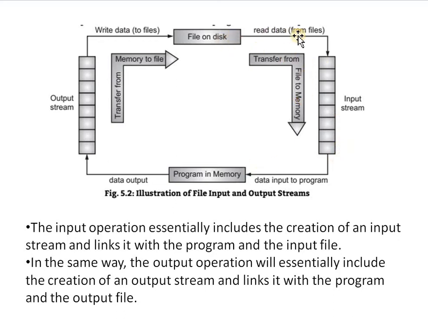Here the file contents are converted into a stream. This is an input stream. For example, here is one file. In that file, the data ABCD, these four characters, are written. Then when that file is required for a program, that file is transferred from the disk to the memory, that means from disk to program.